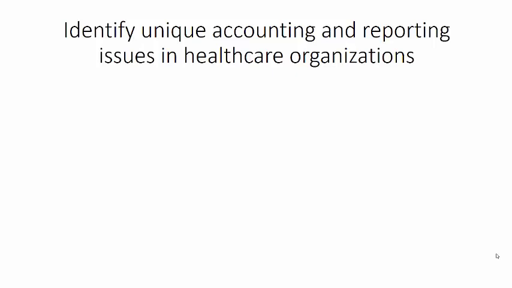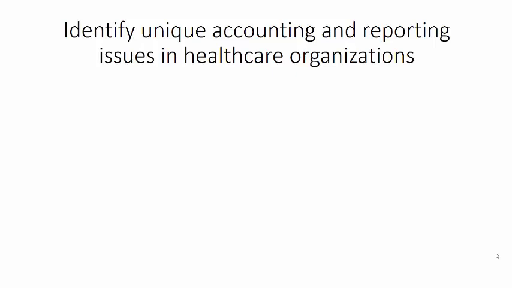What did you initially do when you estimated the amount not likely to be collected? What you had to do was debit bad debt expense and credit allowance for doubtful accounts. Well, here in healthcare, what we do is we debit provision for bad debt. And provision for bad debt is actually a contra revenue account, not an expense account like bad debt expense was.